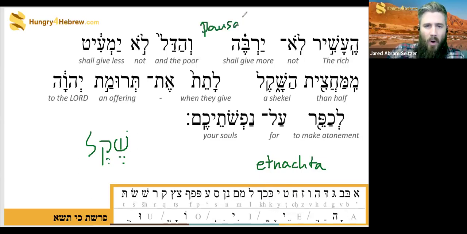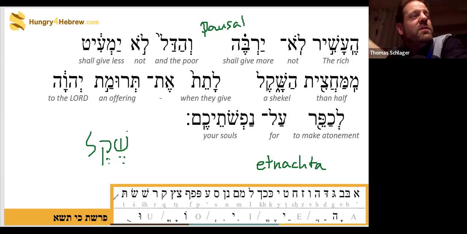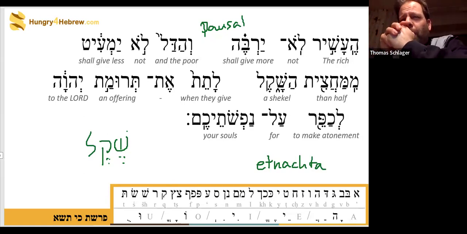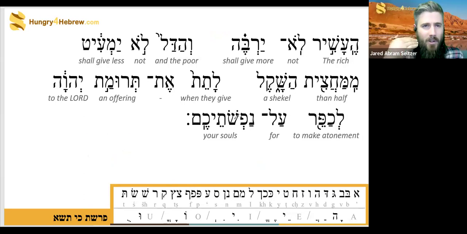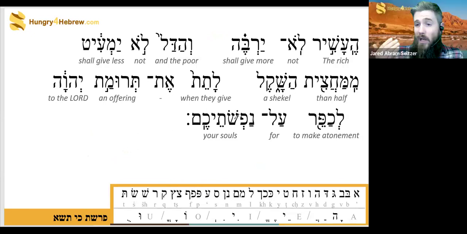Thomas, do you remember what pausal means and why it exists? There is a complete thought and then comes the next one. Yeah, it's turning the idea of inserting a comma into something that can be audibly heard. The reason is that the Bible historically was read aloud in the congregation.